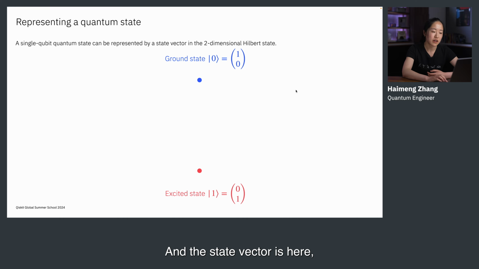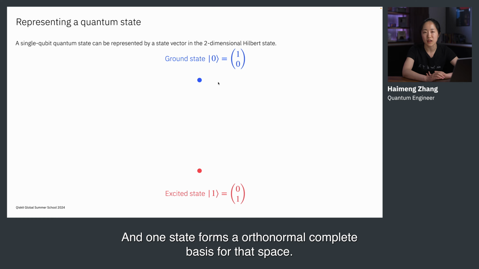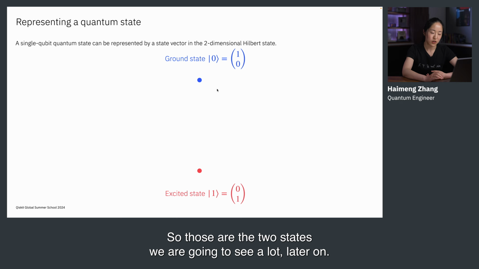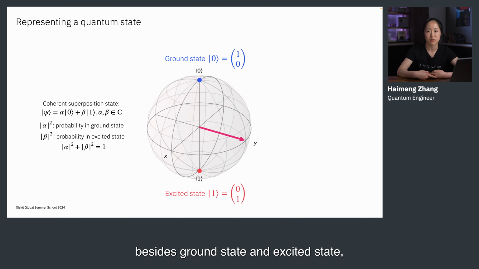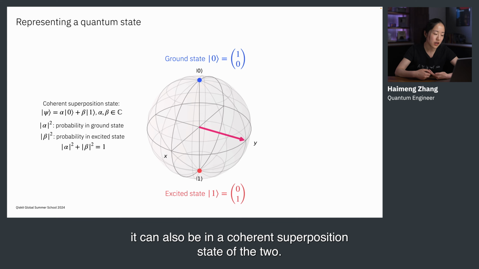The state vectors we've written here, the 0 state and the 1 state, form an orthonormal complete basis for that space. Those are the two states we are going to see a lot later on. What's special about a quantum state is that besides the ground state and excited state, it can also be in a coherent superposition state of the two.